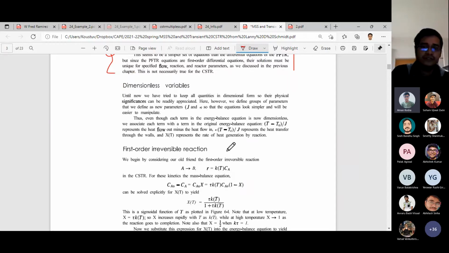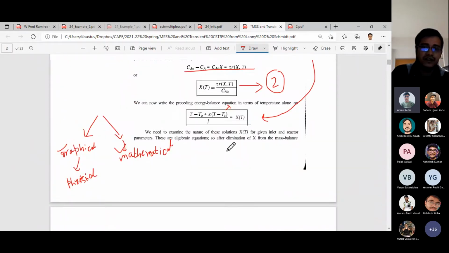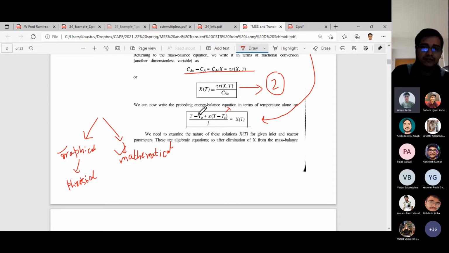Now in the previous expressions, you can make use of this term as one term. These are all basically the heat out terms, summation of these two. In fact, if you divide it as T minus T0 by J, you can have two terms together, plus K into T minus Tc by J. So what is the physical meaning of these two terms?